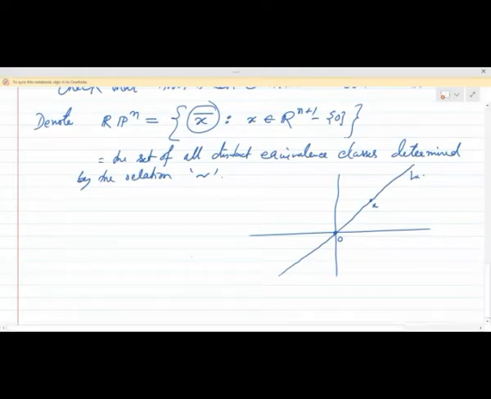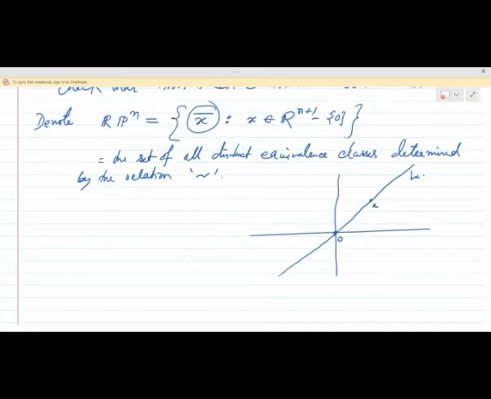If you take two points x and y that are distinct classes, then the straight lines determined by these two points passing through the origin are also different.